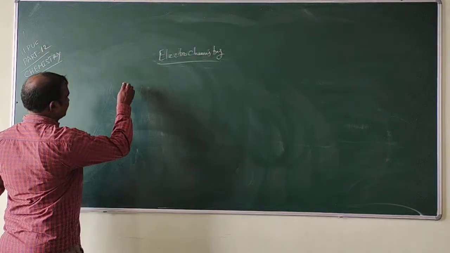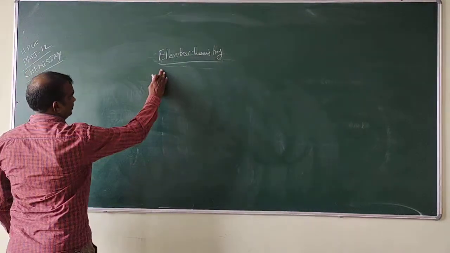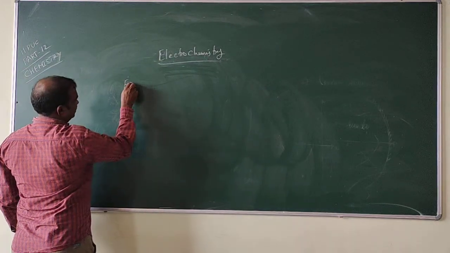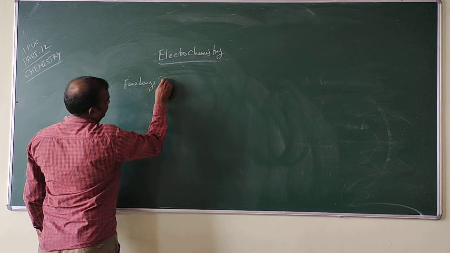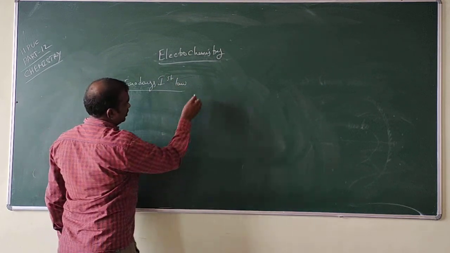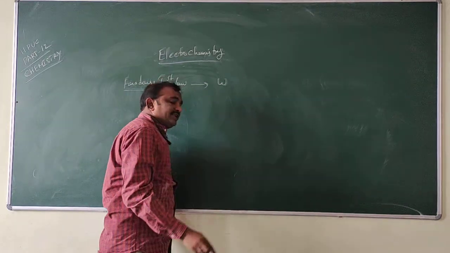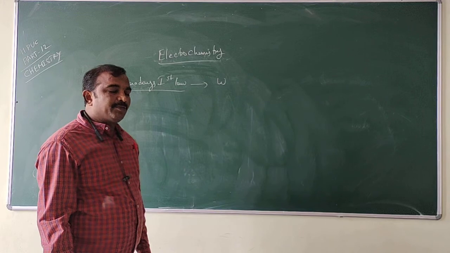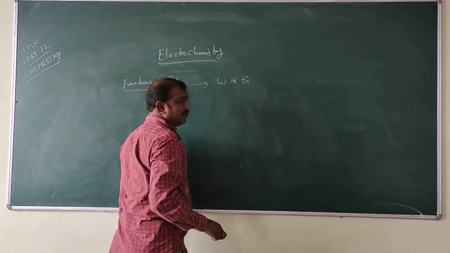Just revising this concept before we go to the next one. In the last class, the amount of substance liberated or deposited is directly proportional to the quantity of electricity passed.